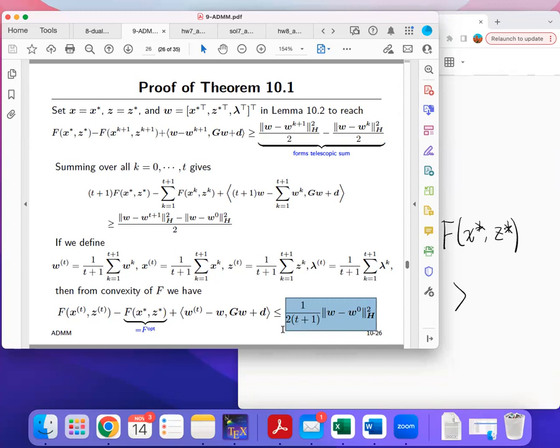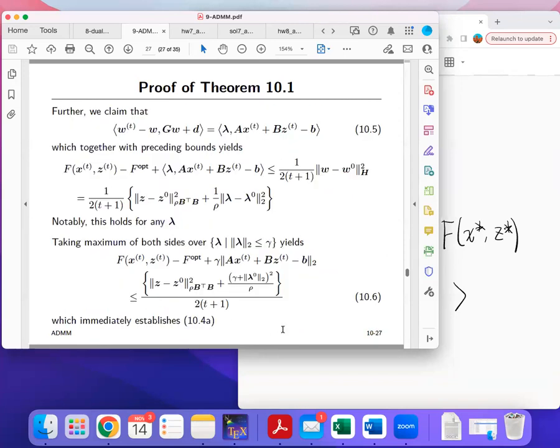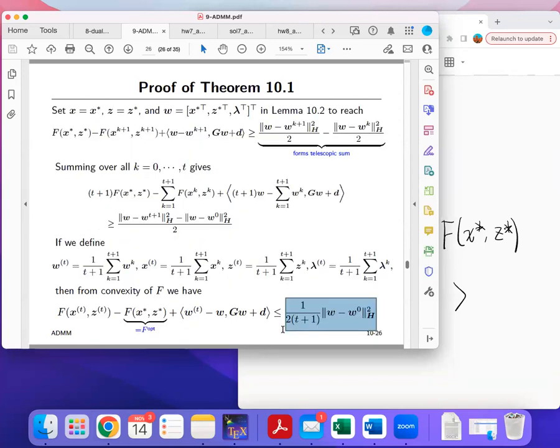And this is the final result that we... not yet, but this is very close to what we are going to prove. Okay. So we have this result.